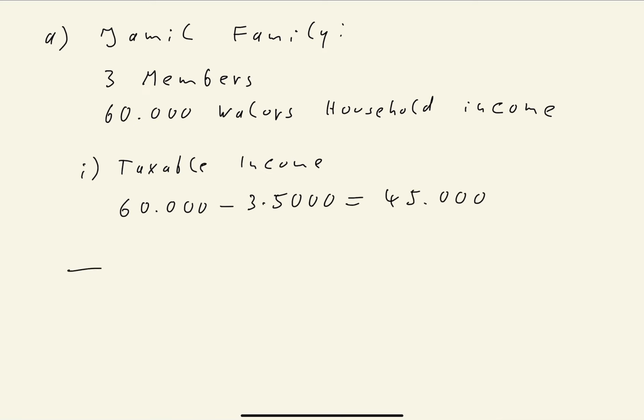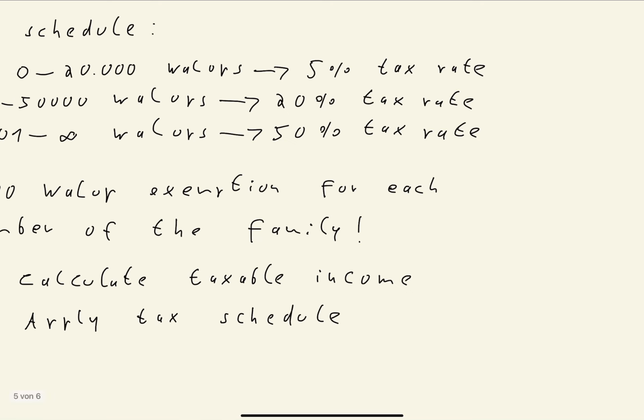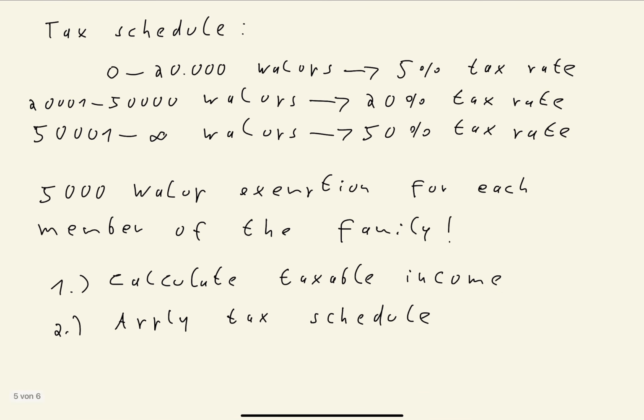And now what we have is that 45,000 is between 20,001 and 50,000. Therefore, if we take a look at the tax schedule, the marginal tax rate here will be 5%.